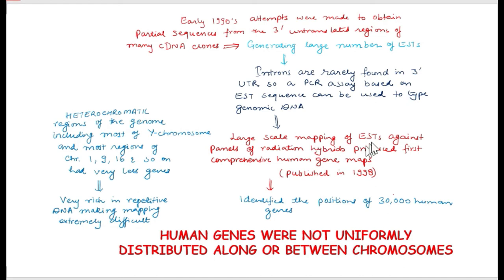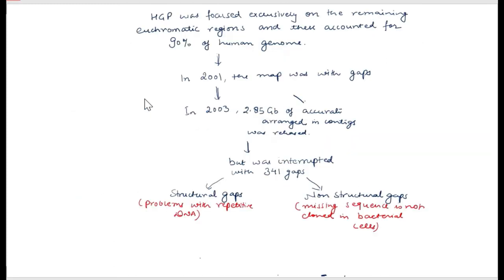Large scale mapping of ESTs against a panel of radiation hybrids produced the first comprehensive human gene map, published in 1998. In this map, the positions of nearly 30,000 human genes were identified. This showed that human genes were not uniformly distributed along or between chromosomes, but there were differences.